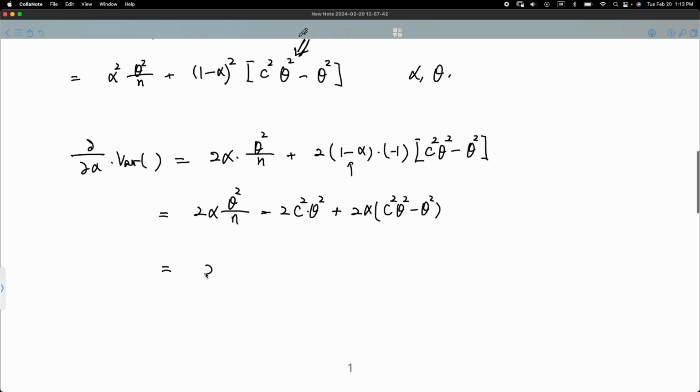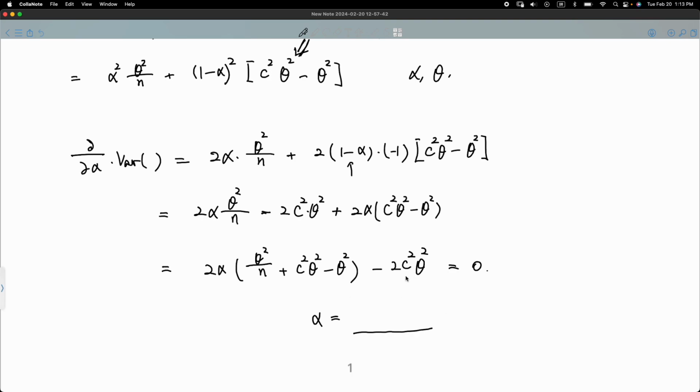And then you can also group 2 alpha together, theta squared over n plus c squared theta squared minus theta squared minus 2 c theta squared. Okay. Yeah, and then all you need to do is just set that equal to 0 and then solve for alpha. And then you should have a formulation on your right hand side.